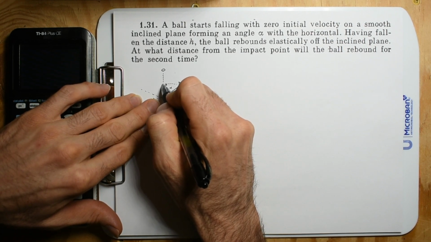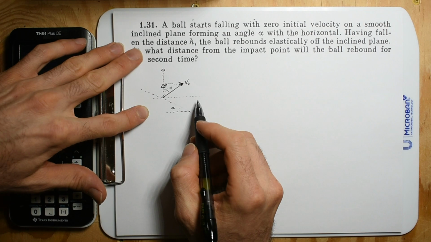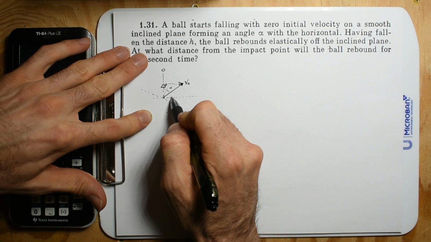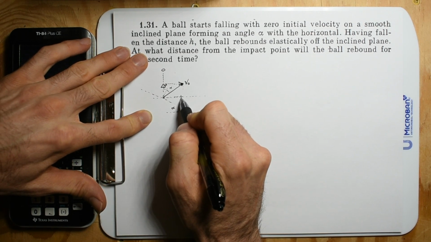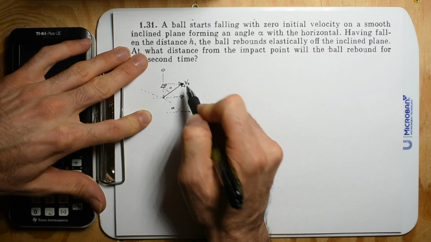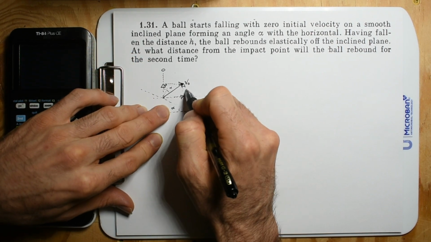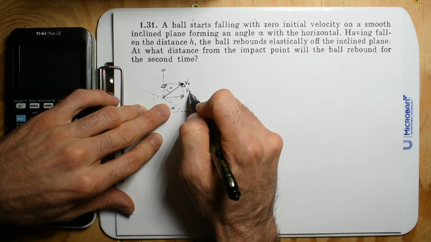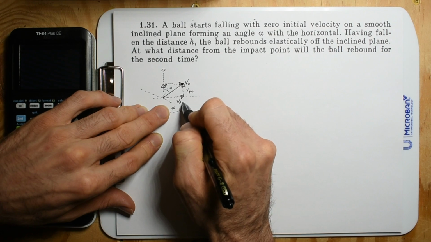We have a couple of components, and you can do the components two different ways. This is Vy naught, and this is Vx naught.